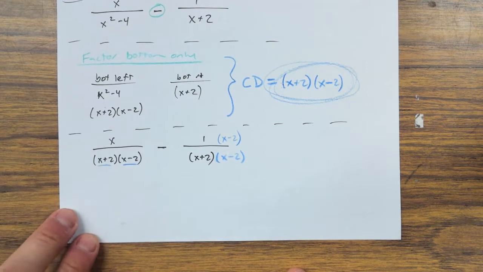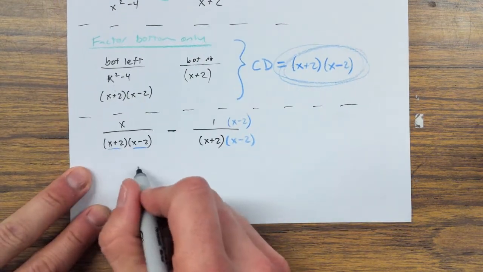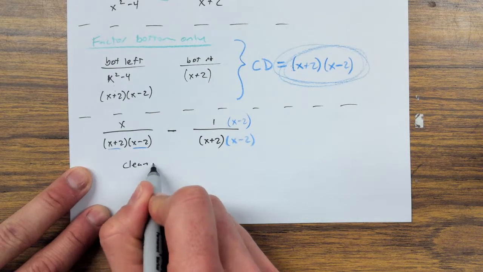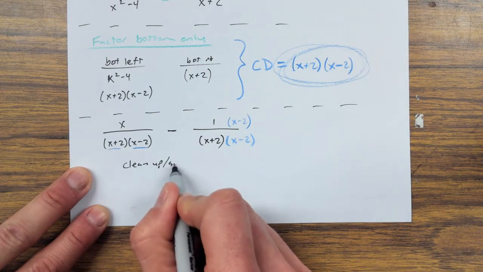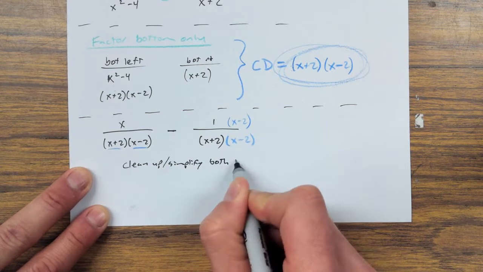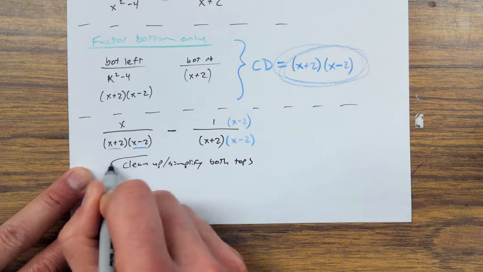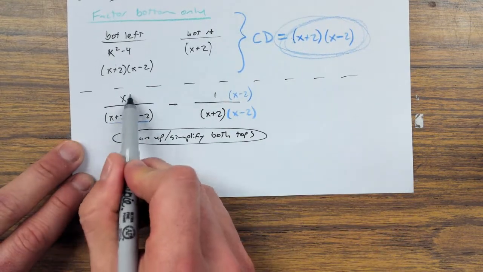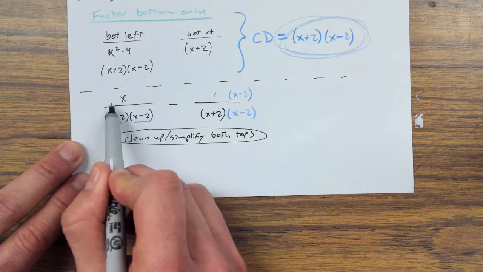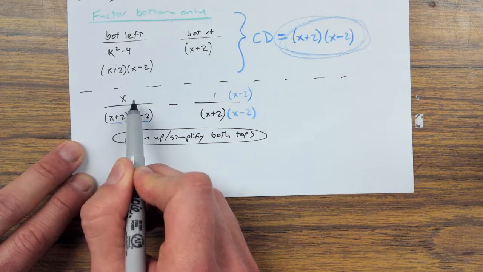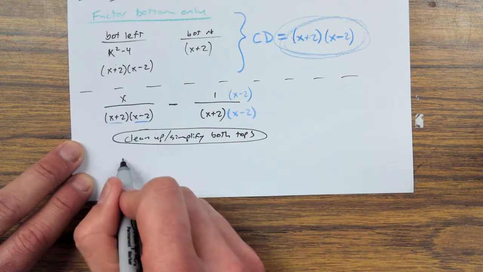Now what? Well, now, clean up, simplify both tops. What does that mean? Do I need to clean up or simplify the top left? It's an x. Does that need to be cleaned up? Not really.